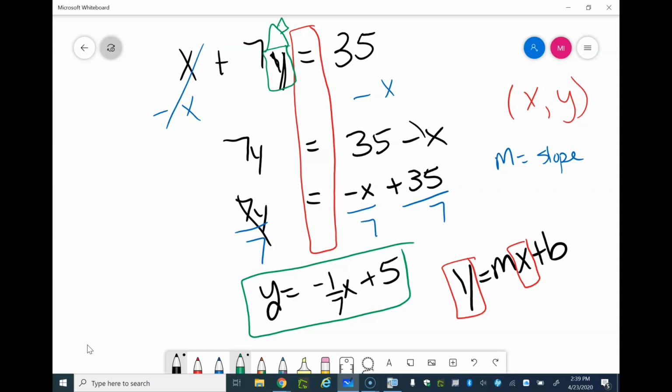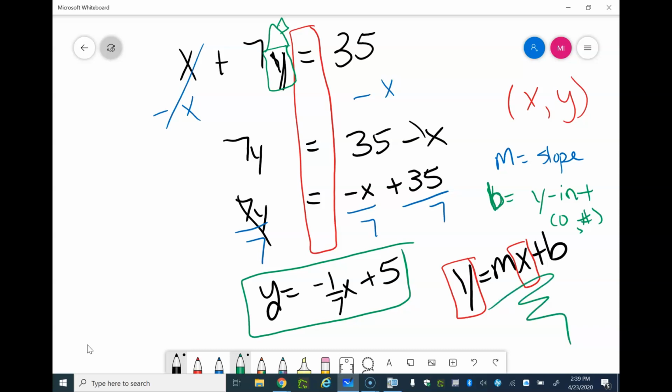And the b represents the y-intercept. The y-intercept is always represented as 0 and then some number. So it's an ordered pair where 0 is always first and then the number goes second. So that's what the b stands for in this problem.